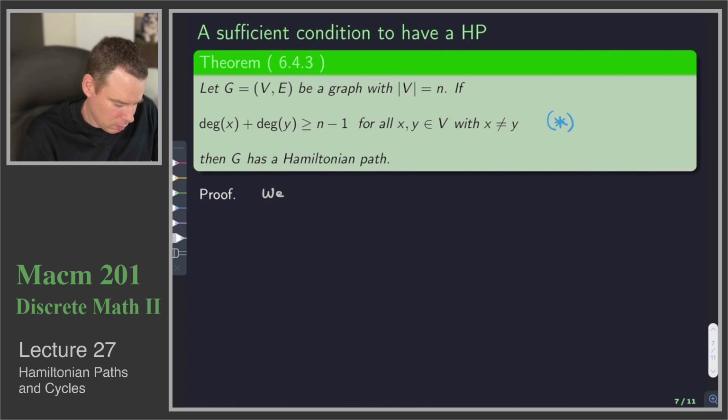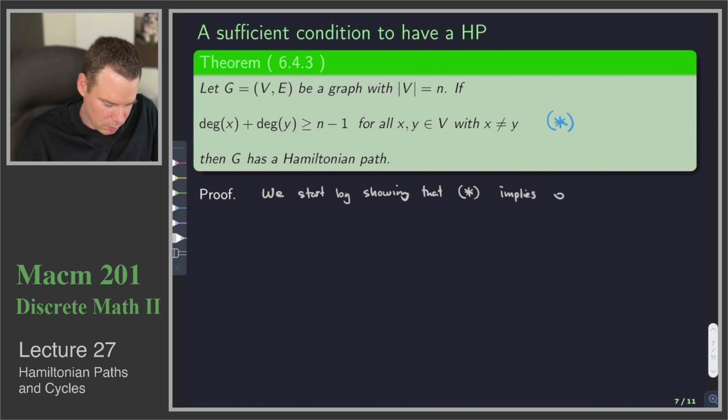Well, we start by showing that star implies G is connected. So we'll make that our first claim.